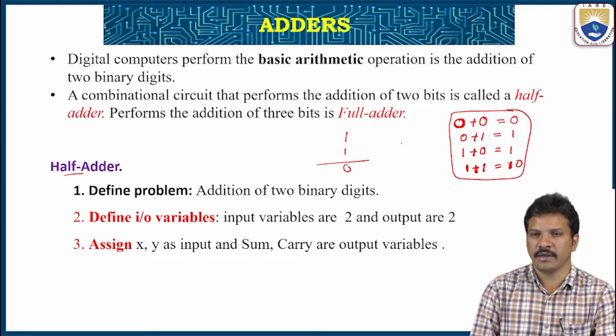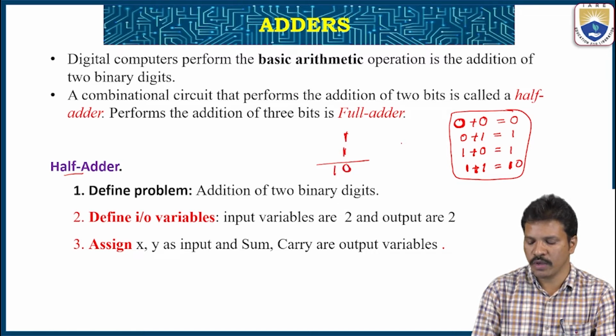This is arithmetic, it is not a logical operation. So 1 plus 1 means 1 0, where the 0 is the sum, and this extra bit is the carry.